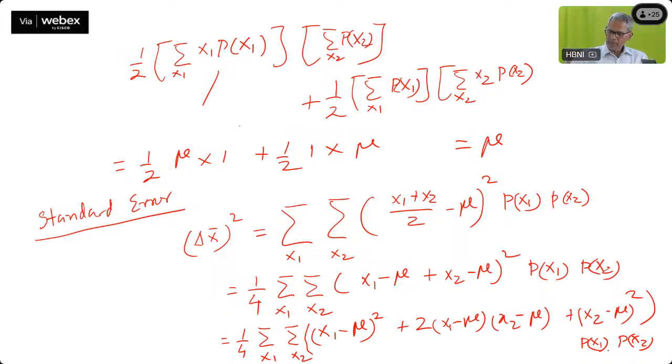You see, when you multiply this number with the x1, that term, it will give you the sigma square. And this is the mean. Mean will be x1 into p(x1) will give mu minus mu is 0. So this term will go to 0. And each of these terms will go to 1 by 4 sigma square into 1.